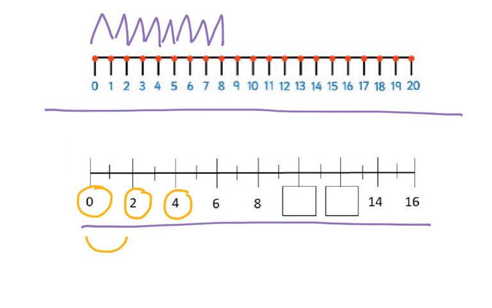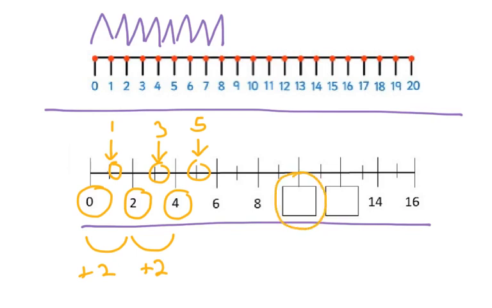Now using my number knowledge, I know that this number line is going up in 2s. I can also use these lines in between to help me because I know that there is a number between 0 and 2, and this is marked by the line right here. So if that was written, that would be 1, 3 and 5, and so we would go up.